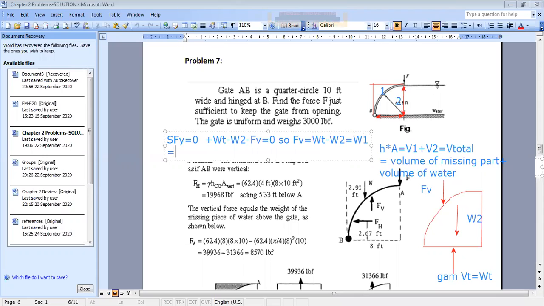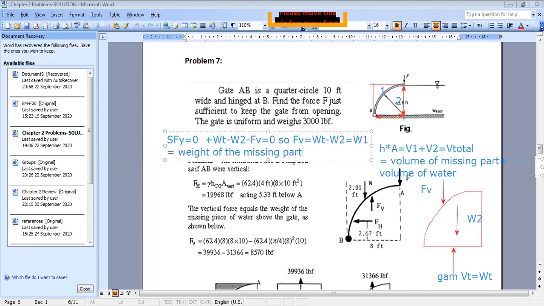This is the weight of the missing part. This is why I tell you that you can directly use this result. You can always demonstrate it again, but you can directly use it.